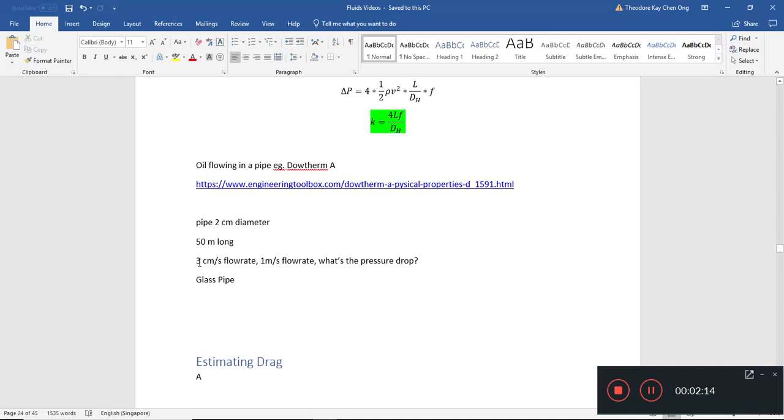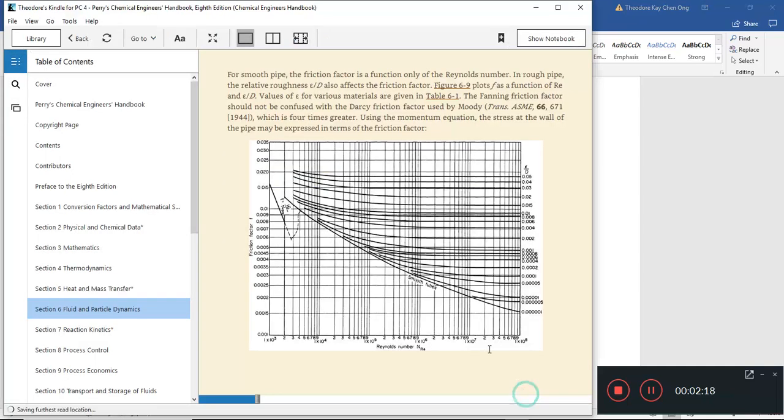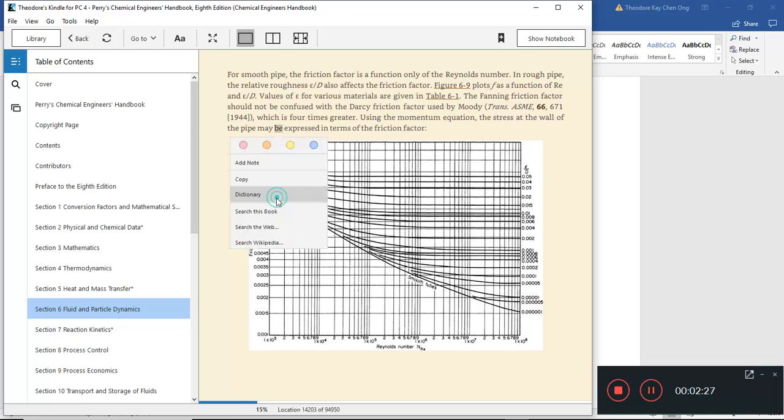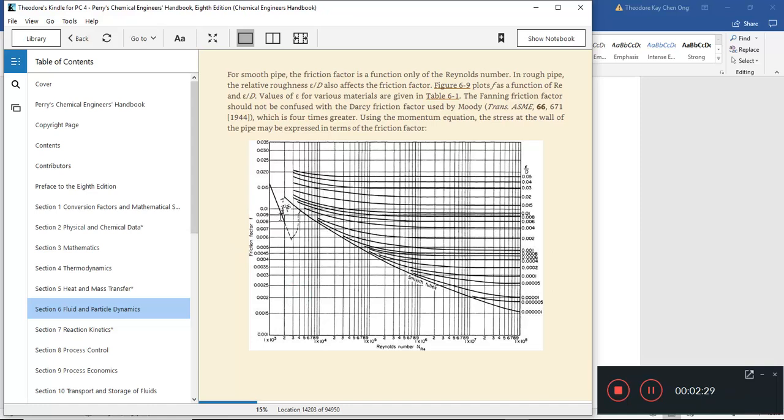Now, why are we having these two flow rates? Well, if you see the Fanning friction factor graph, you'll see that there are actually two regions of the graph. The left side represents laminar flow, where the flow is slow and the viscous forces are significant enough so that the flow profile is pretty under control.